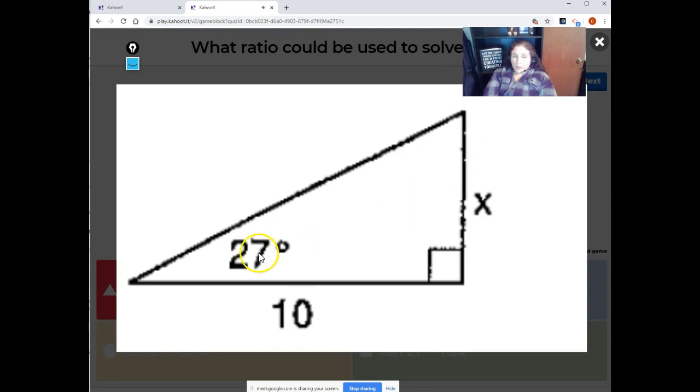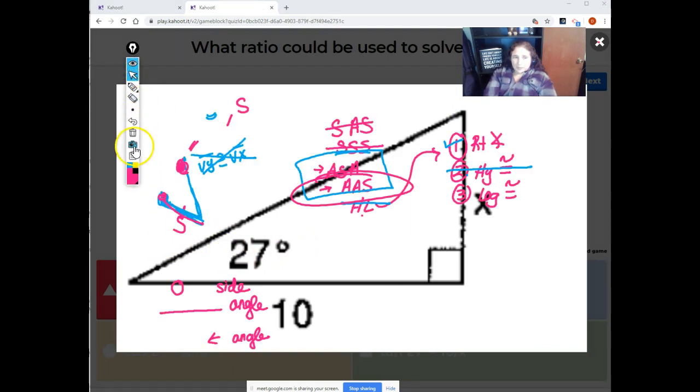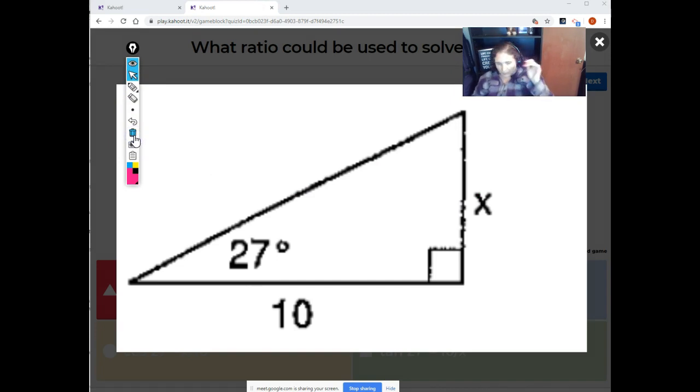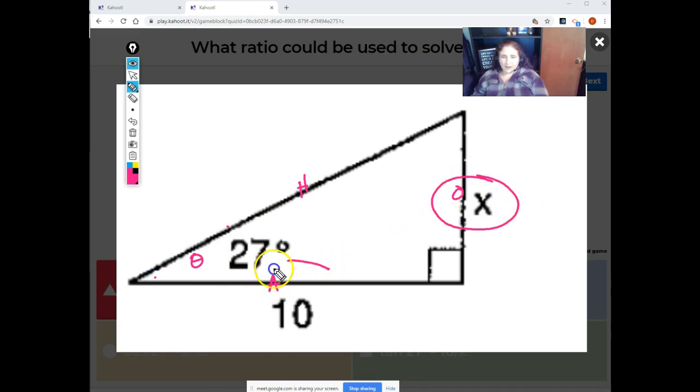So we know that we have 27 degrees. Where's my pen? Okay, so we always look at our hypotenuse first. Here's our angle, hypotenuse, angle, adjacent, opposite. Opposite is our X, and 10 is our adjacent.